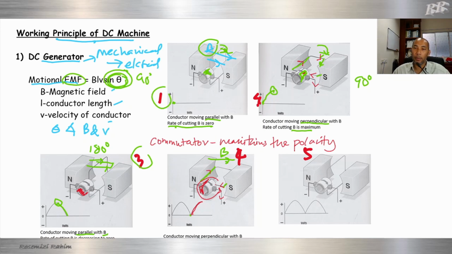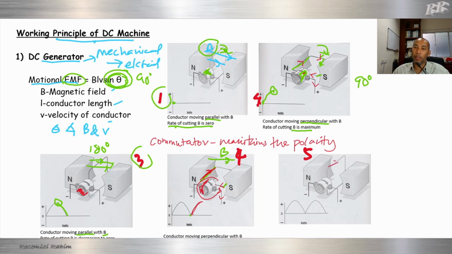In the final figure, figure number 5, again same as figure 3, the conductor moves from perpendicular to parallel.